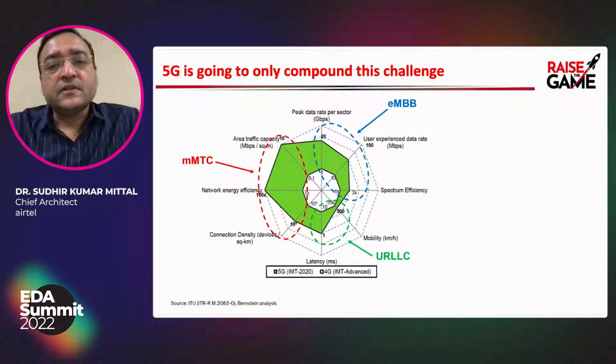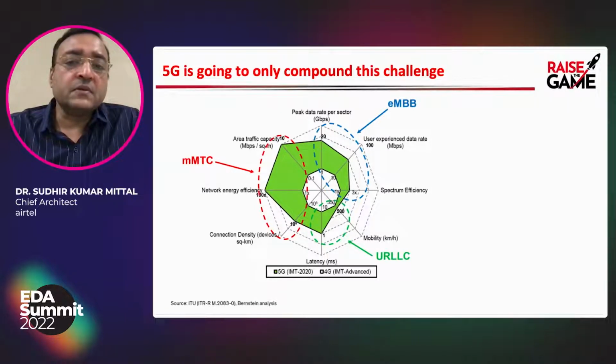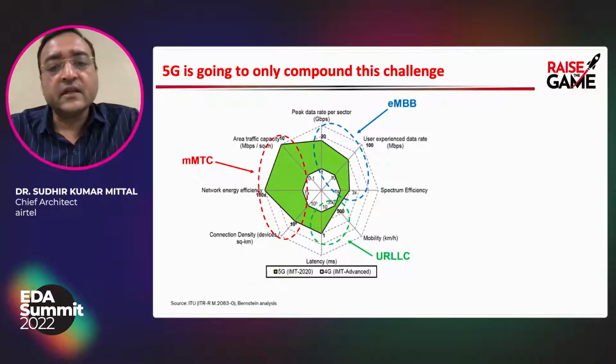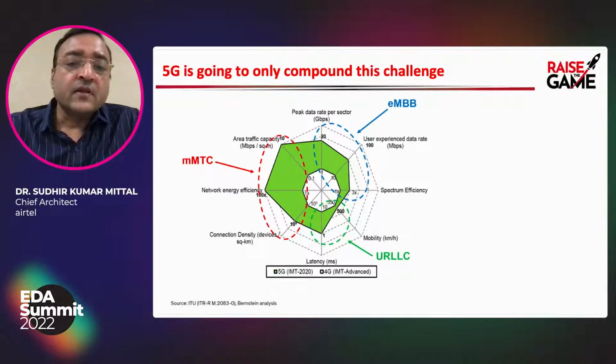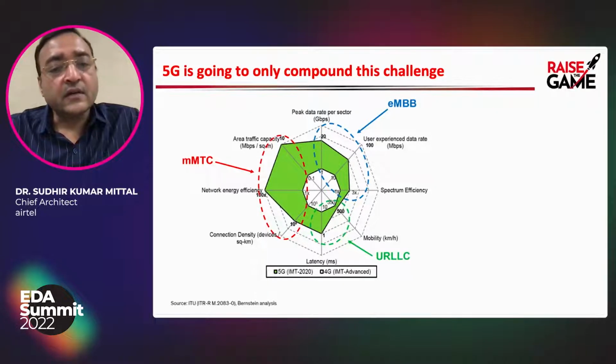The user experience data rate is now talking about 100 Mbps from 10 Mbps, and spectrum efficiency 3 times. From ultra-reliable low latency connectivity, we are talking about latencies of 1 millisecond and mobility speeds of 500 kilometers per hour.